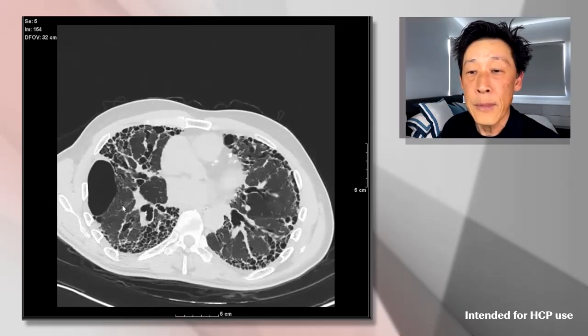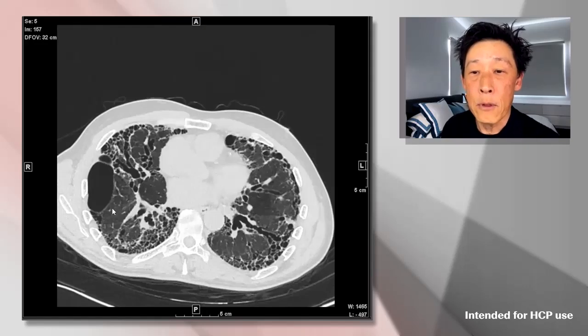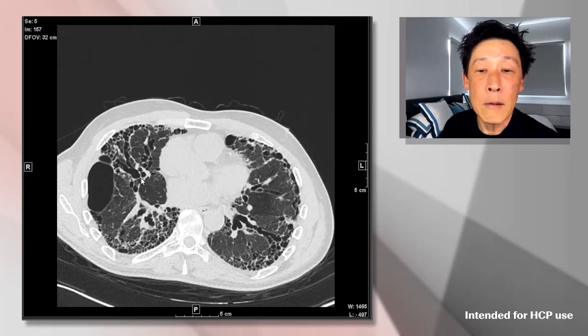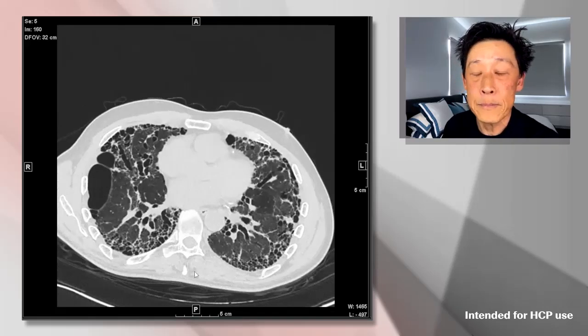So let's go a little bit further down, and now we're at the level of the middle lobe, the right middle lobe and the right lower lobe, the lingula and the left lower lobe. Again, we see some nice traction bronchiectasis and bronchiolectasis bilaterally. We see, again, a lot of honeycombing, and notice it's out in the periphery of the lobes, or it favors the periphery of the lobe.